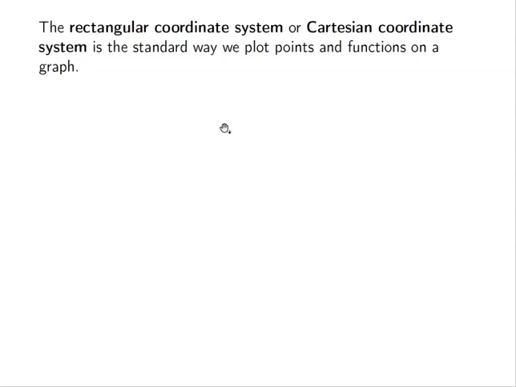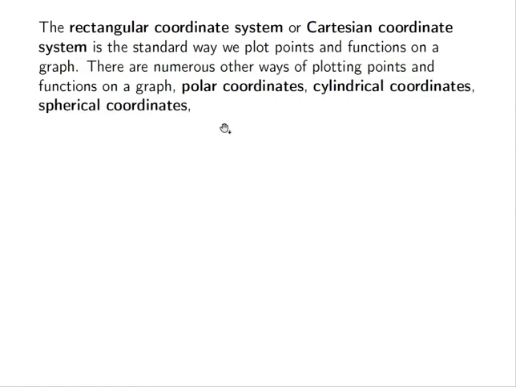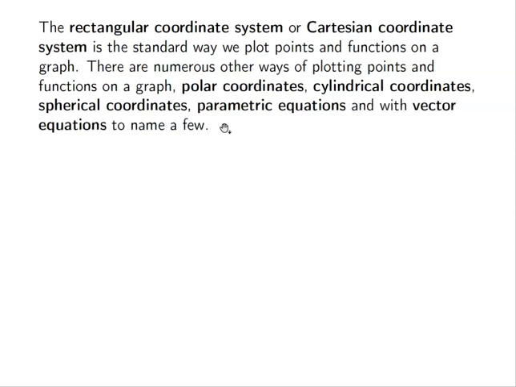This is the standard way that we plot points and functions on a graph. We look at x and y, and we have our 2 different axes. However, there are numerous other ways of plotting points and functions on a graph: polar coordinates, which we're going to go over in this section, cylindrical coordinates, spherical coordinates, the parametric equations we've gone over already, and vector equations, just to name a few.